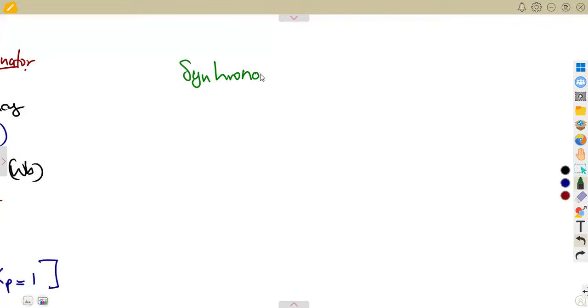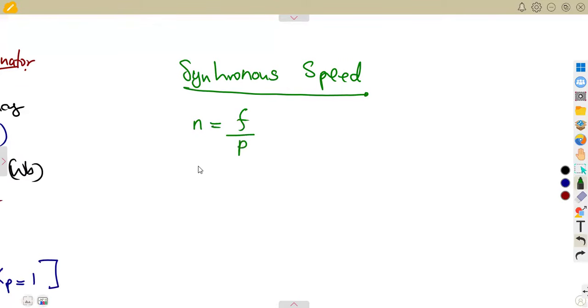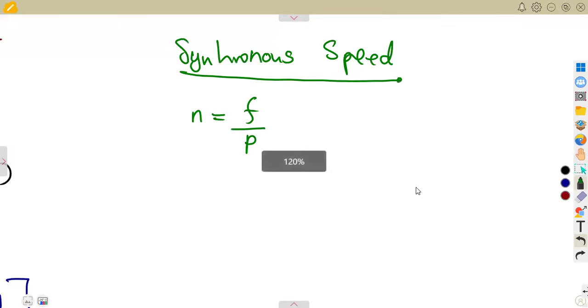So n, the speed in revs per second, is equal to the frequency over the pair of poles. Remember your frequency is in hertz, and p is the number of pairs of poles.